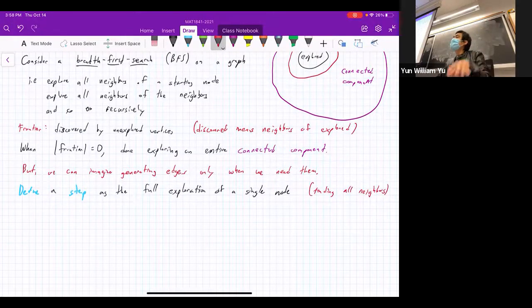This means we've now connected our search process with the size of a connected component, because the number of steps you've taken is the size of the connected component that you have explored. Whenever you explore a node, you move it from the frontier over into the set of explored. At the end of the day, your process terminates when you have successfully explored an entire connected component, and you can measure this in terms of the length of your search process.